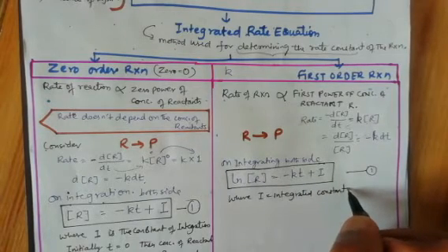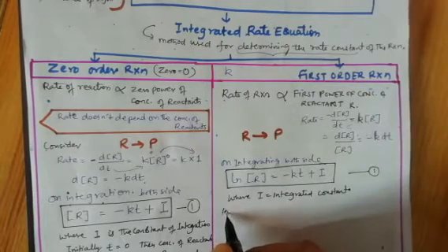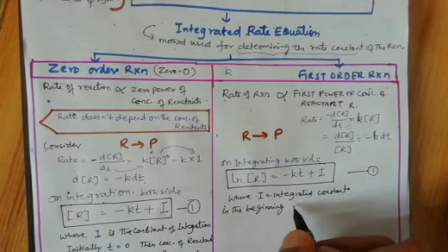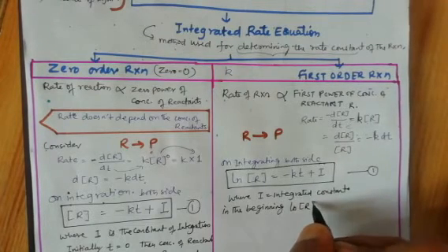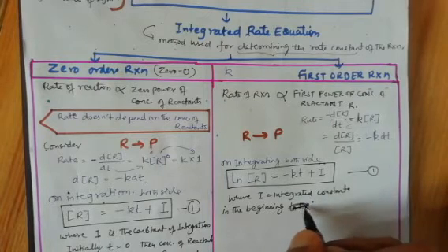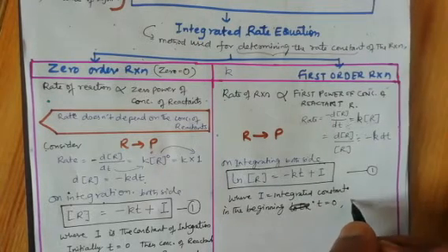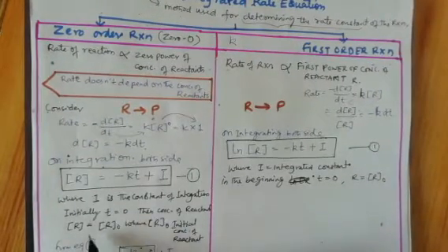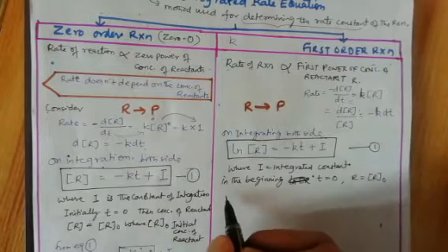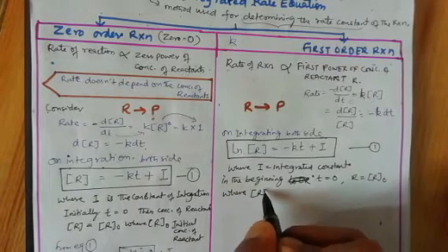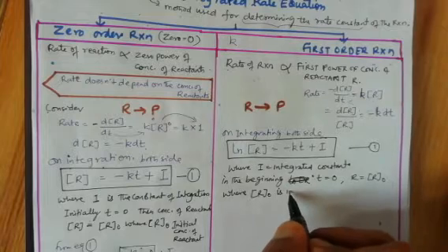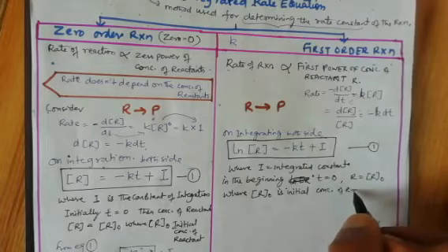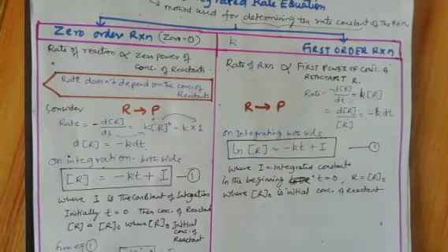In the beginning, t is equal to 0 and R is equal to R naught, where R naught is the initial concentration of reactant.